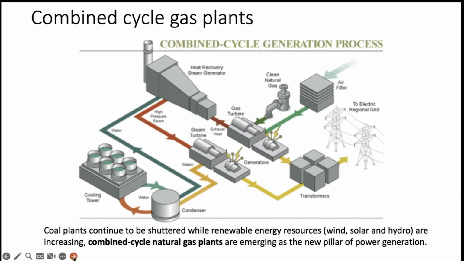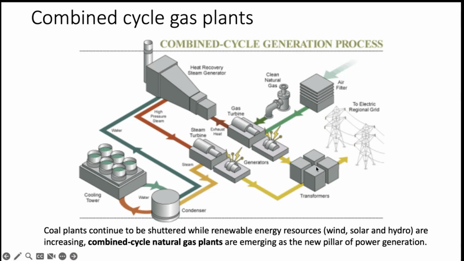So let's talk about these combined cycle gas plants. We've seen that the levelized costs of energy are quite different between two types of gas plants. The one that's cheaper is the combined cycle generation process. And this is fairly complicated.